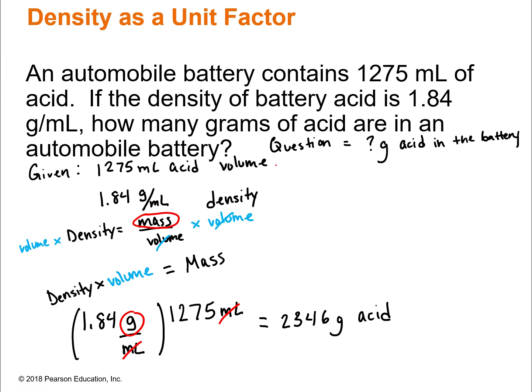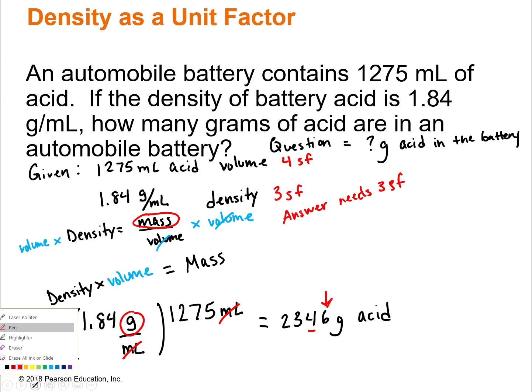Let's go back to our volume. We've got 1,275 milliliters. That's 4 sig figs. Density, 3 sig figs. So our answer needs 3 sig figs. The 4 is going to be the third sig fig, so that's going to be rounded. We look at the 6 to see whether we round up or we stay the same. 6 is definitely 5 or greater, so we're going to round the 4 up to a 5.